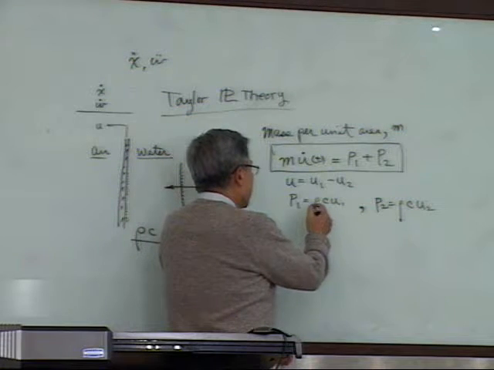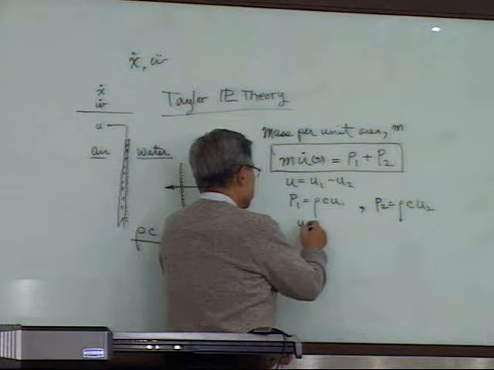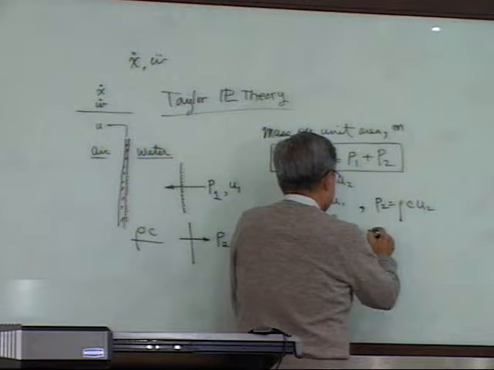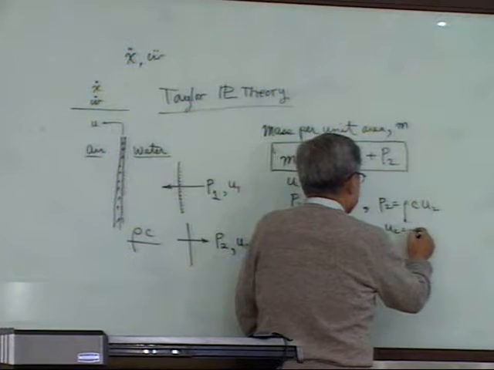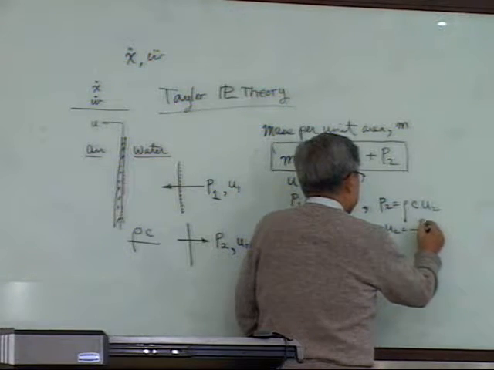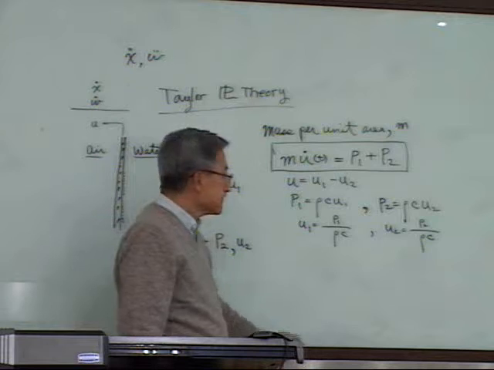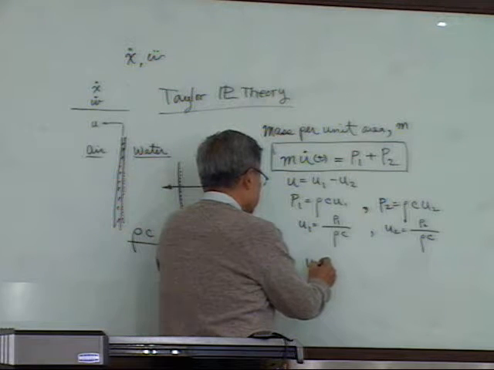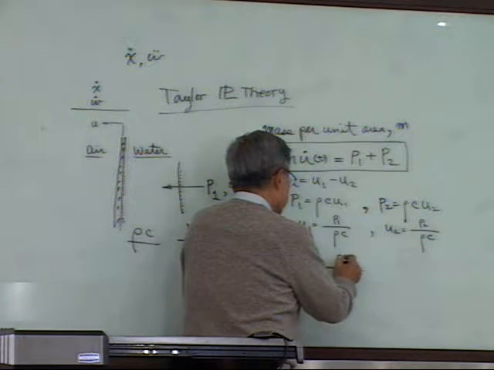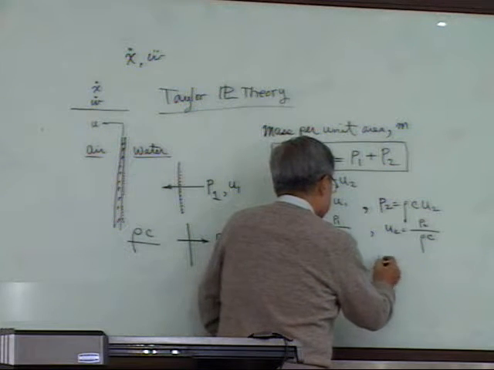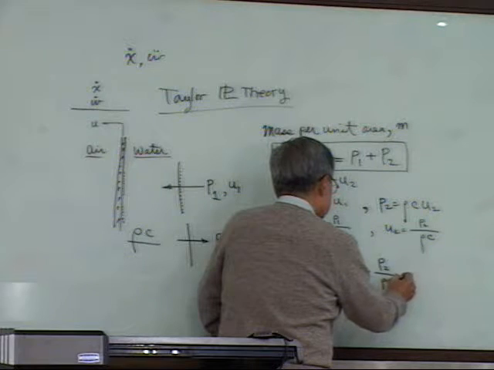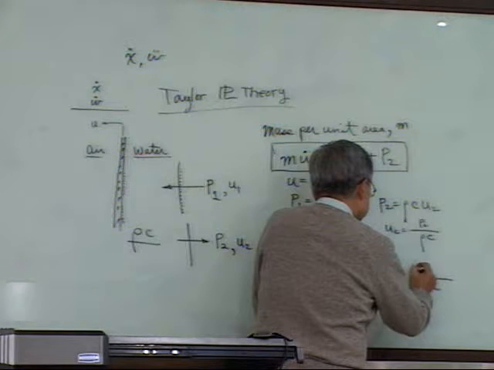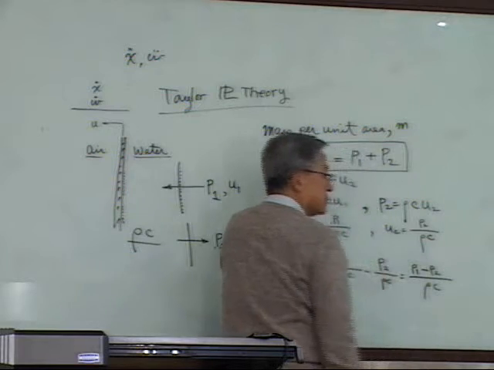So here U1 is equal to P1 over rho C, U2 is equal to P2 over rho C. Then plug into the expression for U. So U is equal to P1 over rho C minus P2 over rho C, which is telling you that rho C U is P1 minus P2.